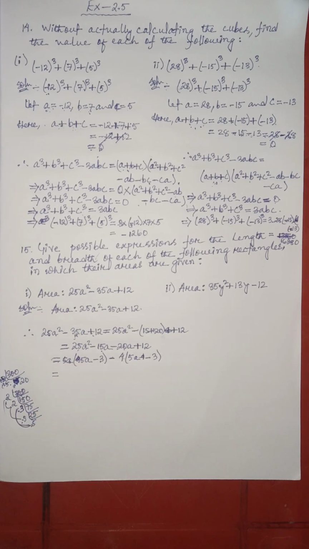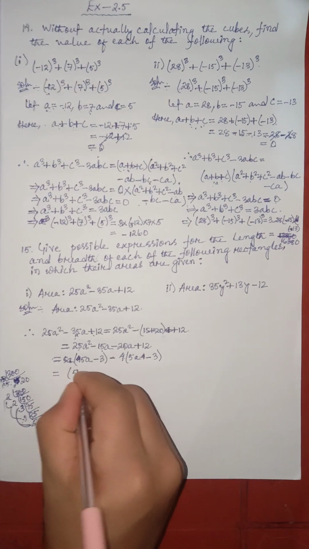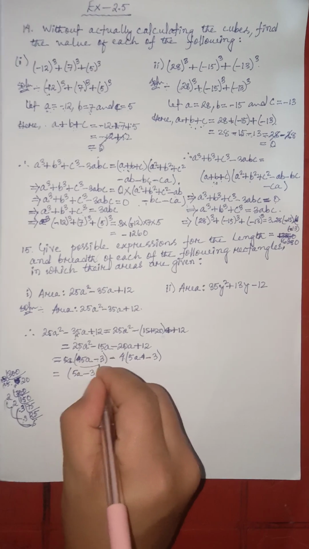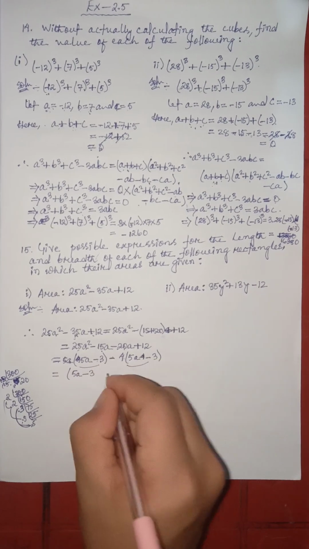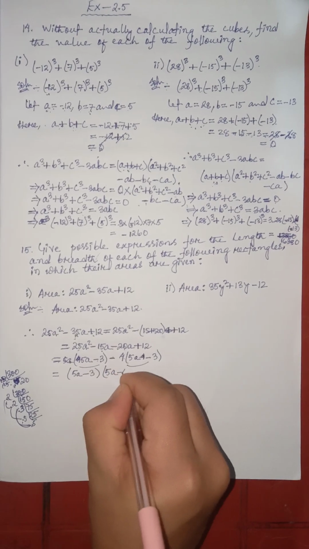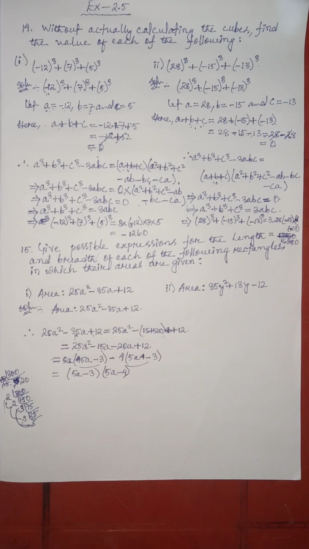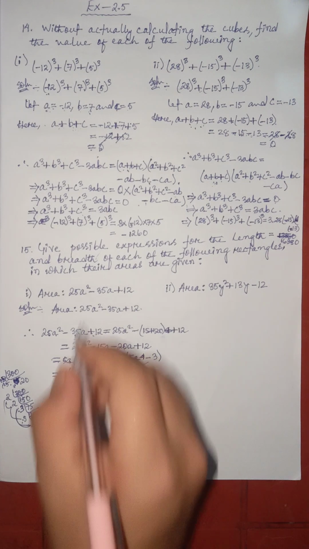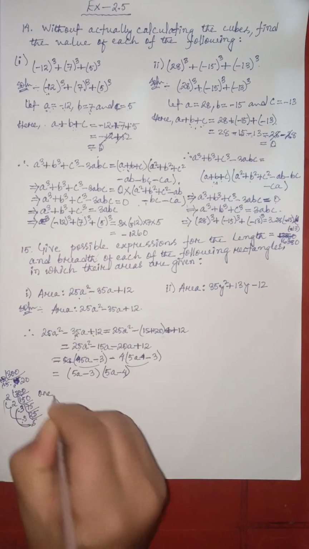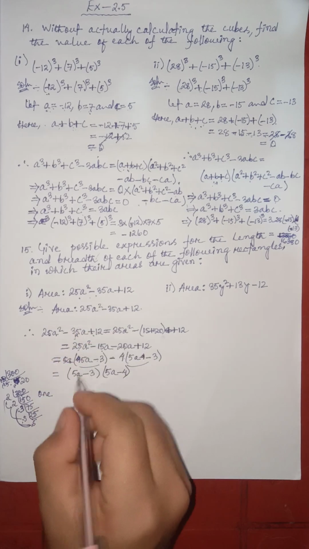Clear? Now we have to arrange it. Whatever data we got from this, it will be 5a minus 3. Let us take this as first, and after that we have 5a minus 4. What is the question? The question is that from this given area we have to find the possible length and breadth.